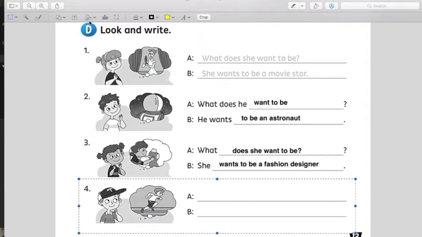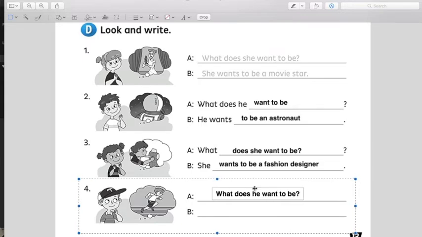So it looks like it is a boy, so let's write that question. What, with a capital W, what does he want to be? And it looks like he's running here, so what dream job is that? If you said athlete, that is correct. Athlete. So let's write that sentence correctly.